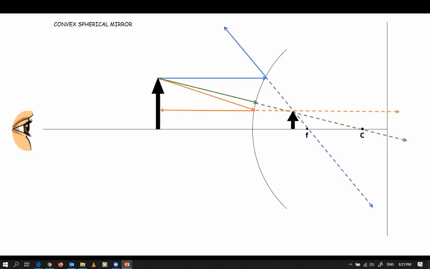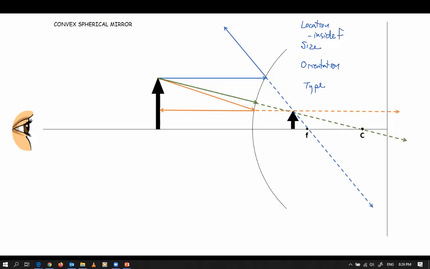All right. Now we should take a look at those things you should be able to know when you complete a ray diagram. You should know the location, you should know the size, you should know the orientation, and you should know the type. In this particular example, the location is inside of the focal point.